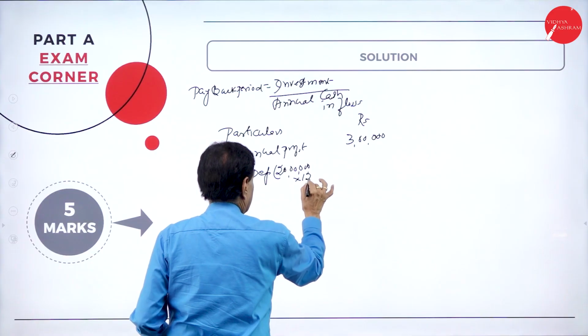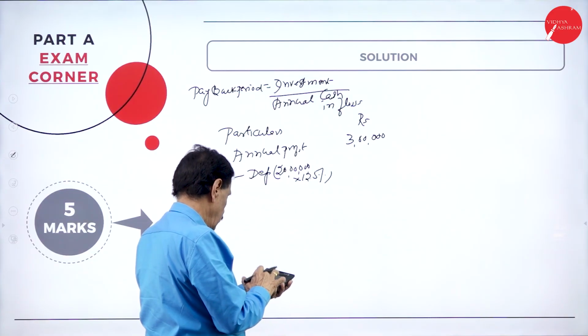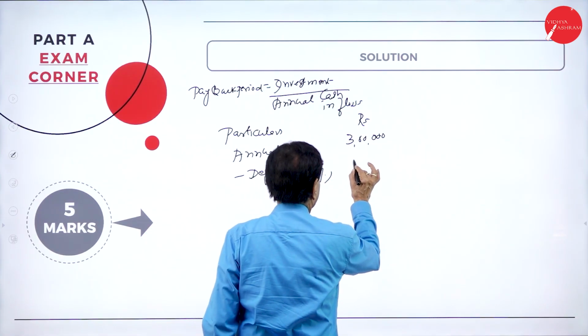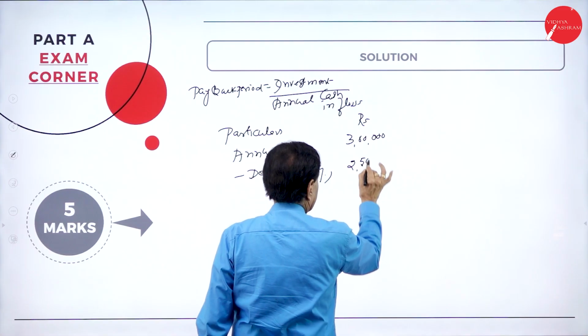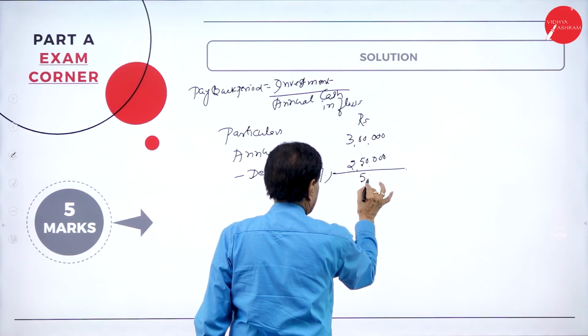20 lakh into 12.5% is 2 lakh 50,000. Deduct. The difference is 50,000.